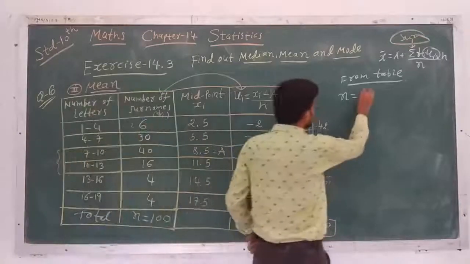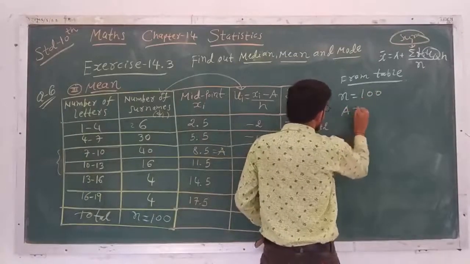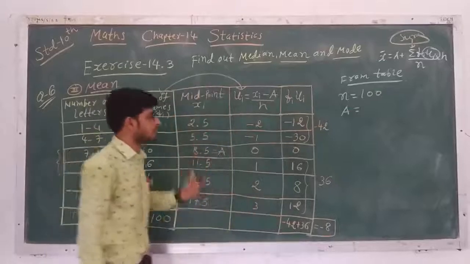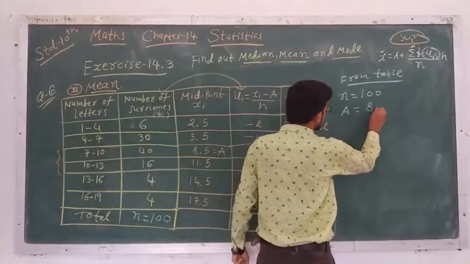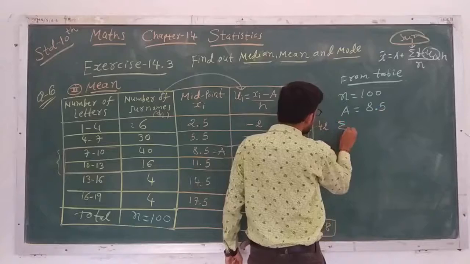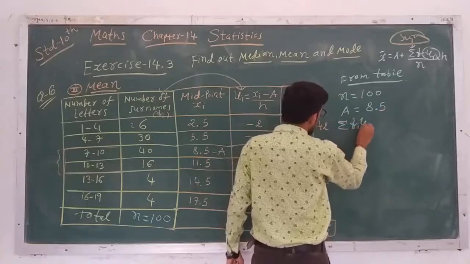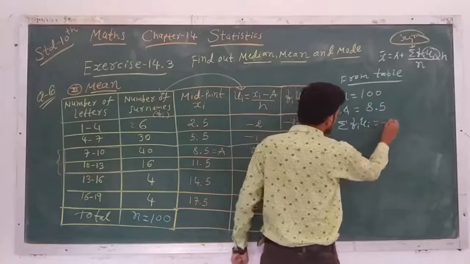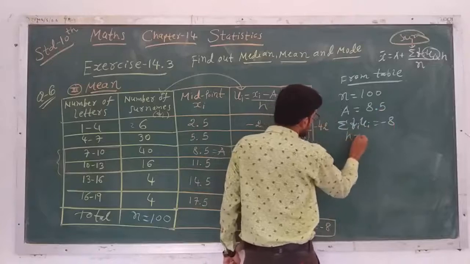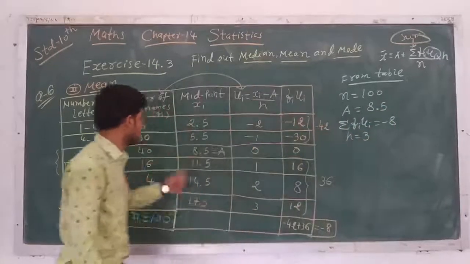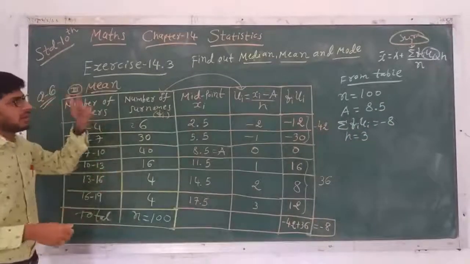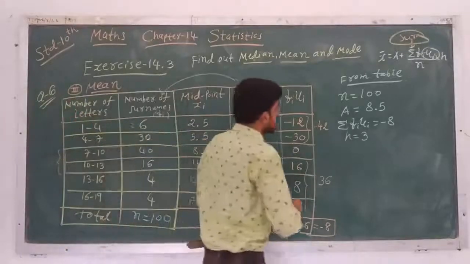Write down n equals 100. a is equal to 8.5, sigma fi ui is equal to -8, and h is equal to 3, because the class range is 3. We already have to find the median and mode, so h is equal to 3.